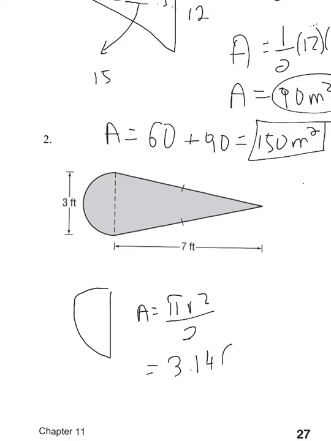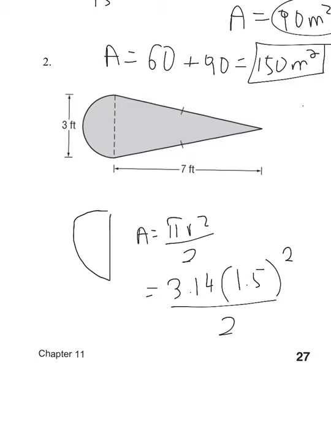If the diameter is 3, the radius will be 1.5 to the second power divided by 2. Now, if you take a calculator, 1.5 to the second power times 3.14 divided by 2, I got approximately 3.5. So the area of the semicircle is equal to 3 5/10 square feet.